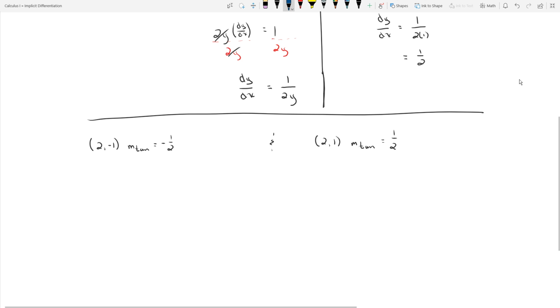And we would then just plug those in. So we have y minus -1 is equal to -1/2 multiplied by x minus 2. And we have y minus 1 is equal to +1/2 multiplied by x minus 2.